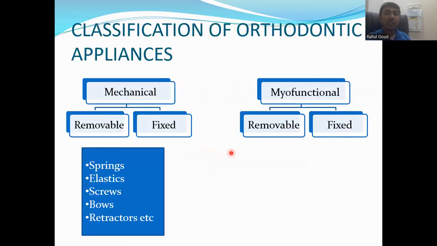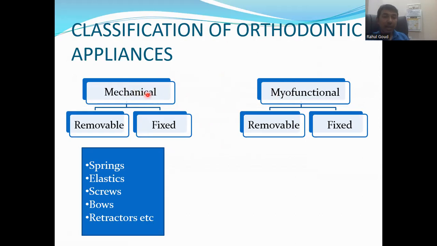Now coming to the classification of orthodontic appliances. The orthodontic appliances are basically classified into mechanical appliances and myofunctional appliances. The mechanical appliances are those appliances which apply pressure onto the tooth so that tooth movement can be seen.